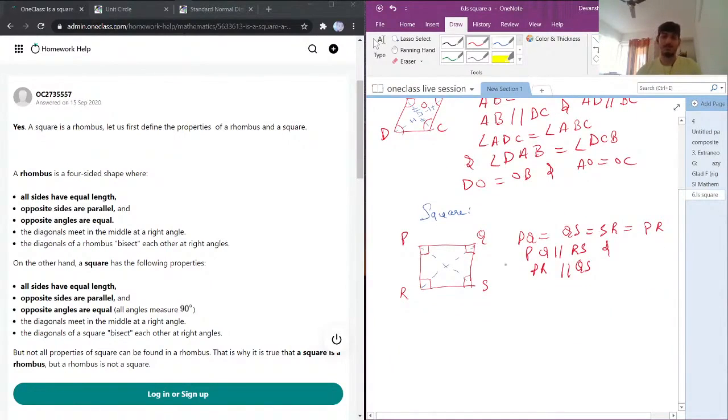Now, for a square, we don't need the property that opposite angles are equal, because eventually they are going to be equal. For a square, all the interior angles are equal to 90 degrees.